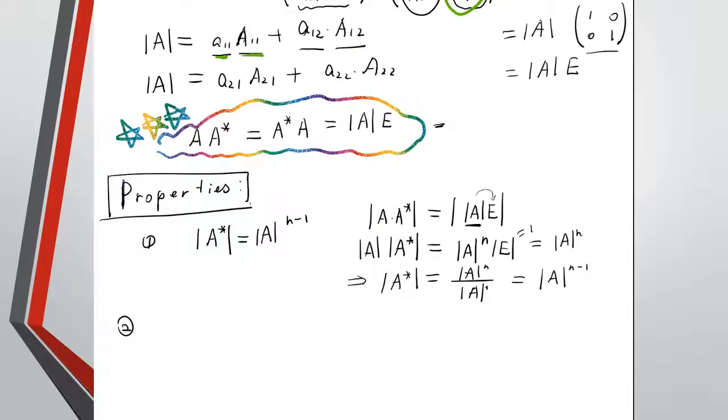Alrighty, so let's look at the second property. Okay, ready? Let's get on to the next property. So this one is kind of similar to what we have discussed before. I've just put a constant k here, and k is a non-zero number. So I would say k times A. Can you find out the adjoint matrix for me?